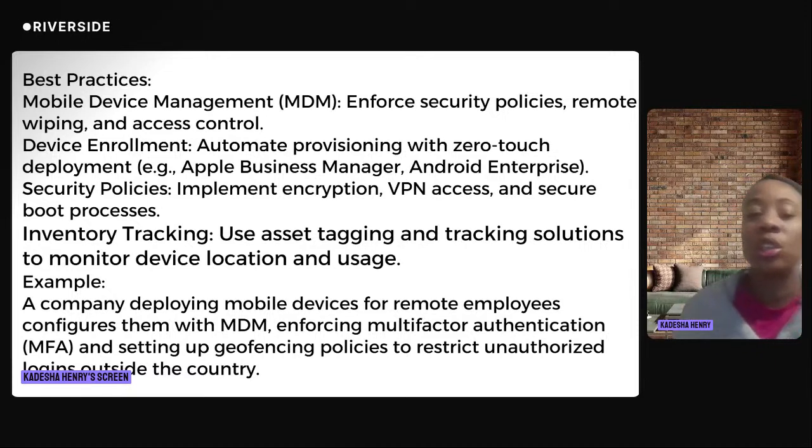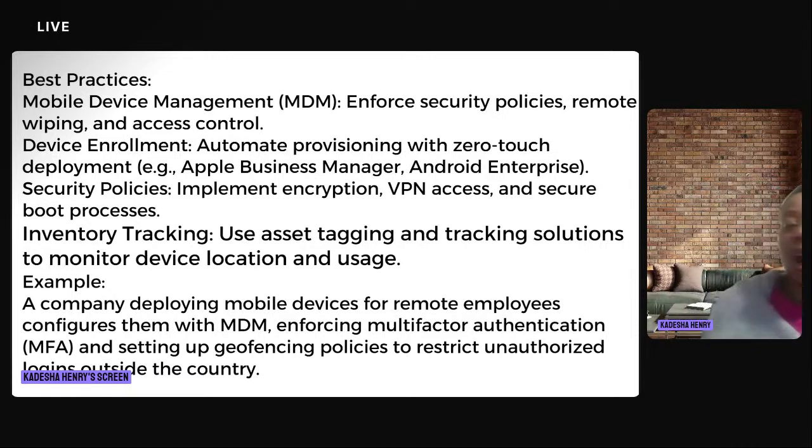And that's the reason we are enforcing multi-factor authentication.